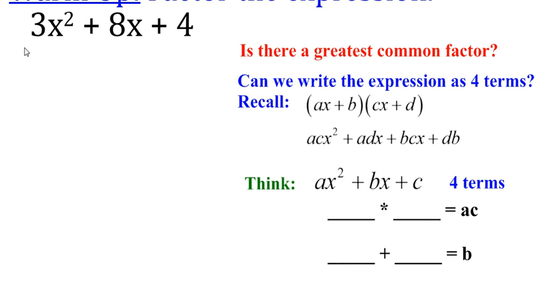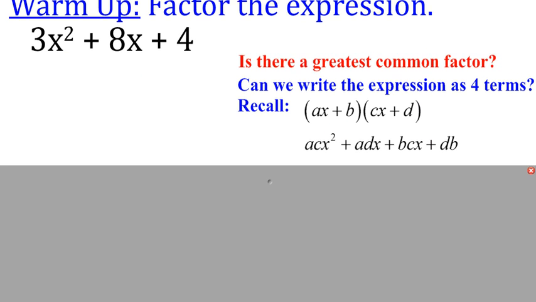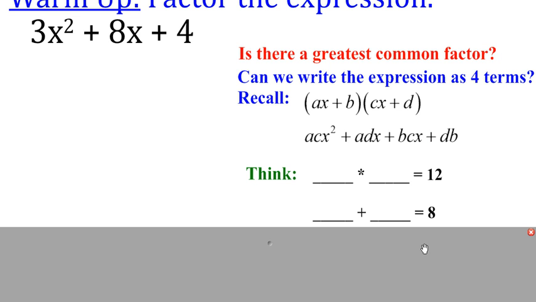So we're thinking what times what gives us the product of 3 times 4. And then we're going to think those same 2 items, when added together, gives you that linear term 8. So again, what times what gives us 12, and what plus what gives us 8.